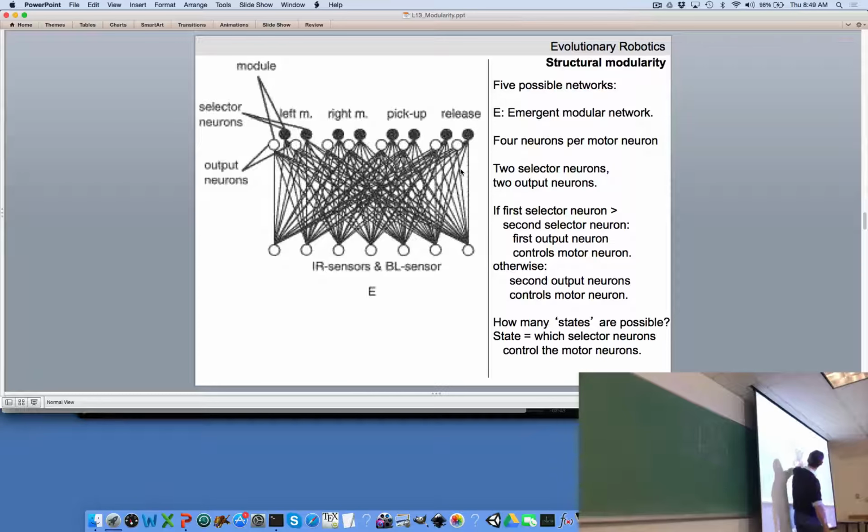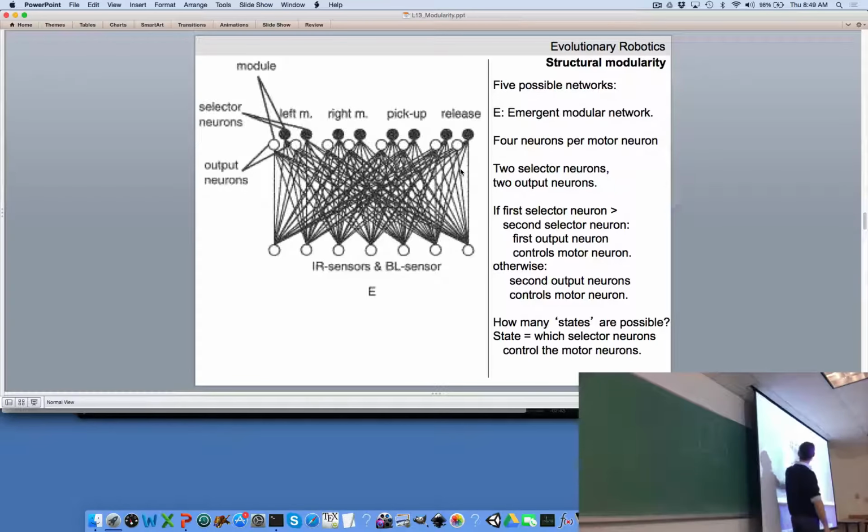There's the one that connects the sensors to this output neuron, or there's a second module, which is all the synapses that connect the sensors to this output neuron. So these 2 output neurons at any time can take over control of the left wheel. So they're 2 different modules. But evolution can decide which one takes over control of the left wheel based on the sensor values.